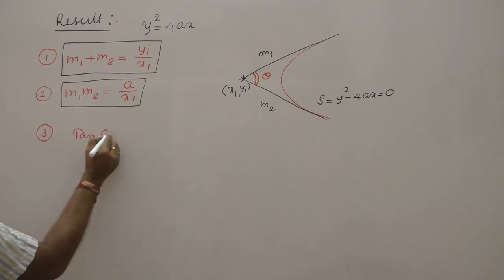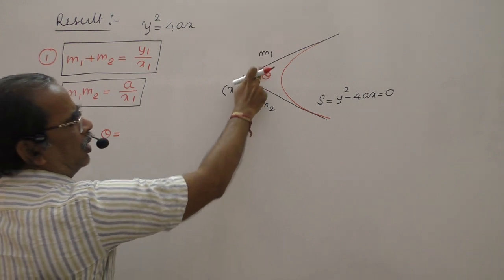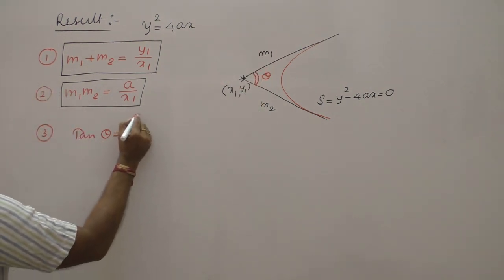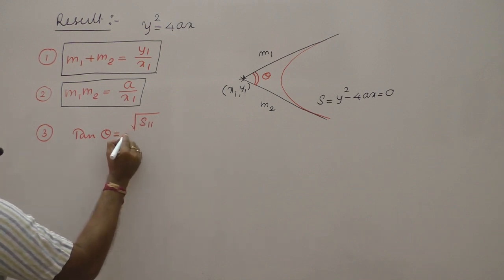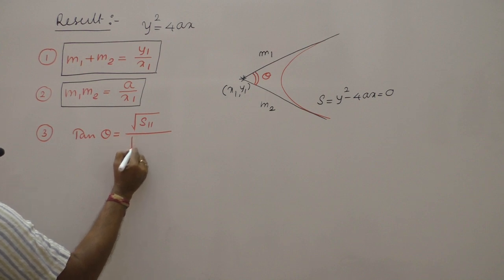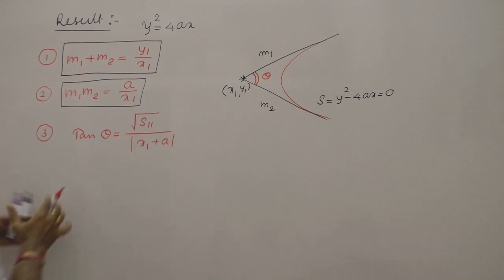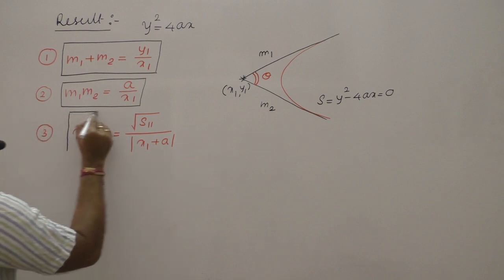If m1, m2 are the slopes of two tangents and theta is the angle between them, then tan theta is root over S11 divided by |x1 + a|. Using this, you can find the angle between the tangents.